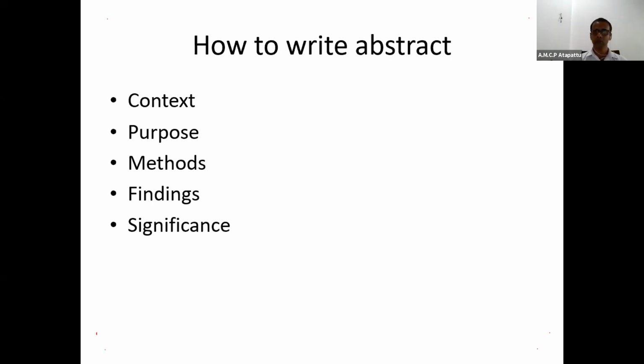Under purpose, you write the research problem and your objective. In the methods, you write your analytical technique, sample, population, data collection method, all these. Then findings, the results, significance. Like that, taking these headings, if you have written, that is called a structured abstract. Without these headings, you write the same thing, but generally we write the abstract as one paragraph.